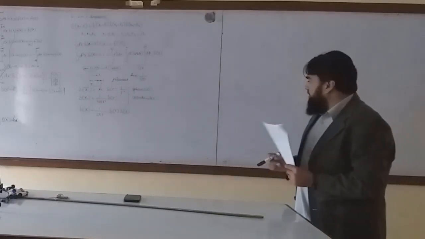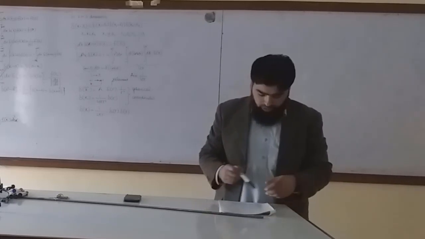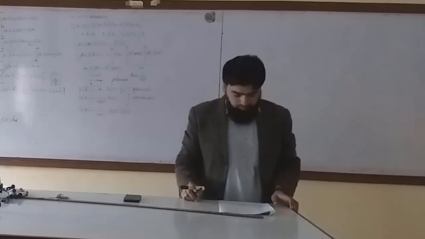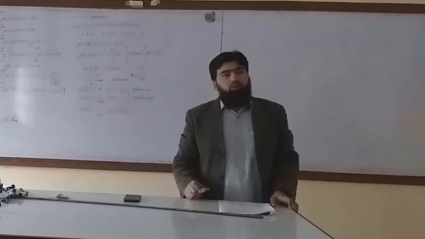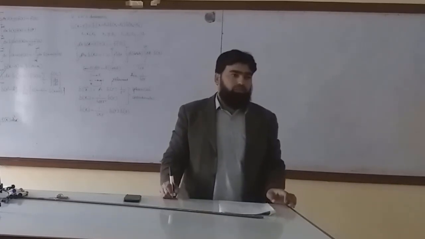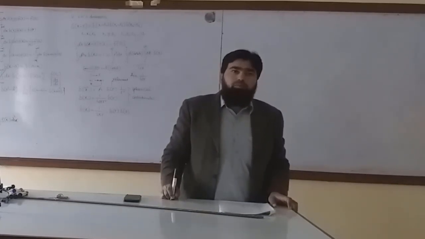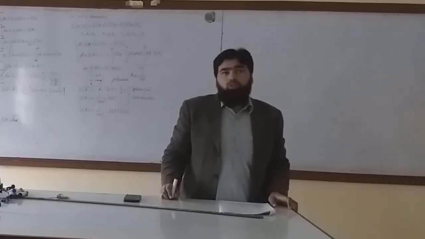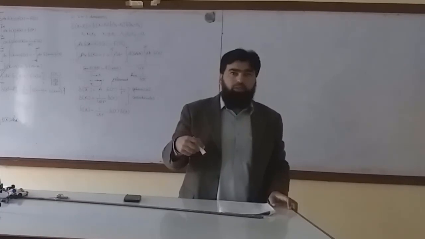So with the help of this, we can write our delta function. Now, by the way, what are the dimensions of a delta function? The dimensions of a delta function are always the reciprocal of its domain, right?